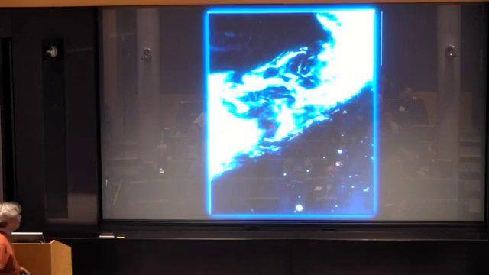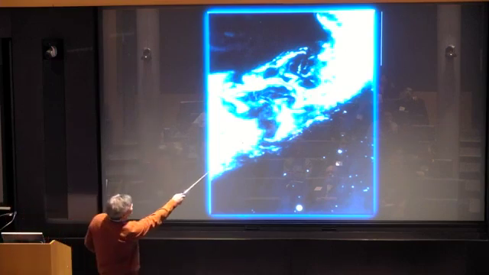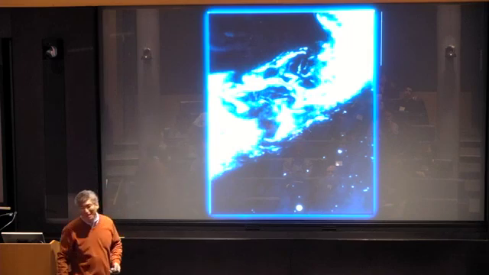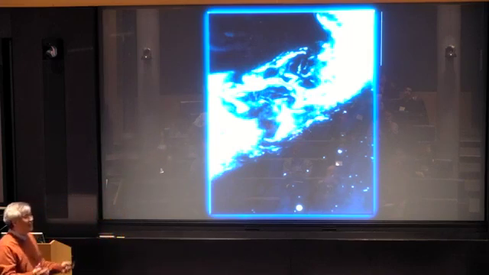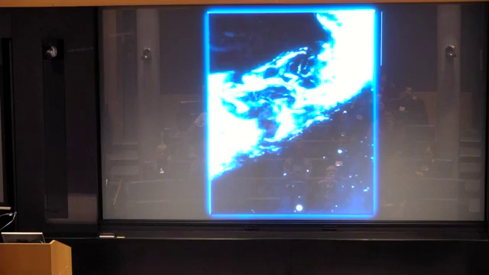And the white line there is demarcating about 1,500 kilometers, so that you get an idea of the scale.